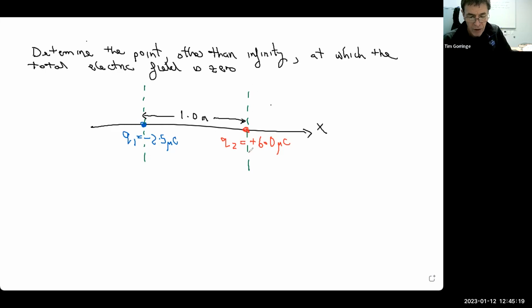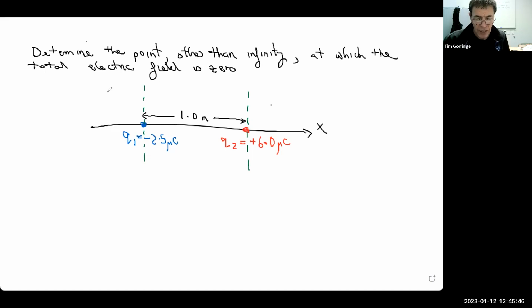To the right of charge number 2 is one region. To the left of charge number 1 is another region. And in between is the third region. We'll walk from the right through to the left, asking in each of those regions, is it possible, feasible, that the 2 electrical fields could cancel out?